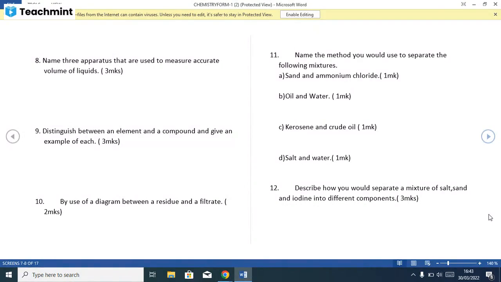Any other difference? What if you say that elements are made up of atoms, while compounds are made up of elements? Okay, that one.